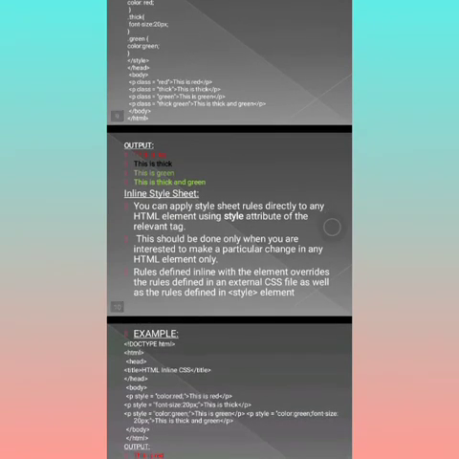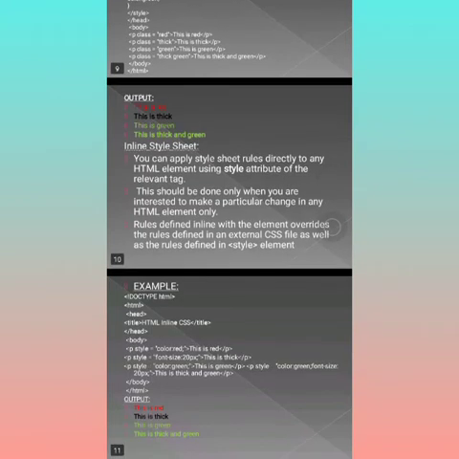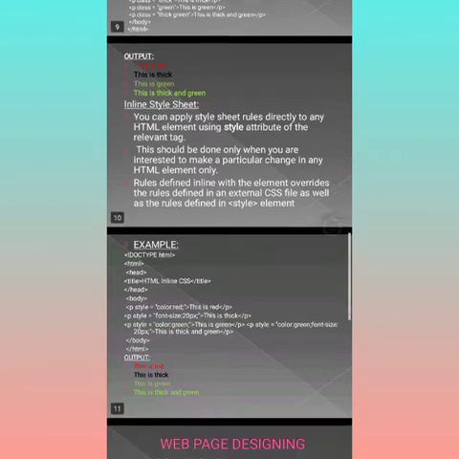Inline style sheet. You can apply style sheet rules directly to any HTML element using the style attribute of the relevant tag. This should be done only when you are interested in making a particular change to an HTML element only.